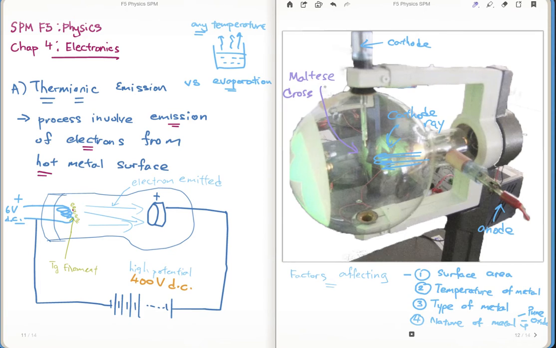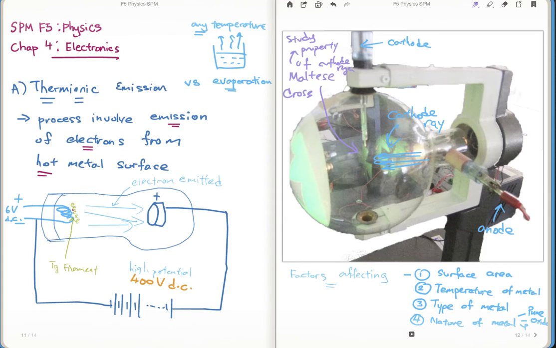Why you need the Maltese cross is actually to study the property of the cathode ray.